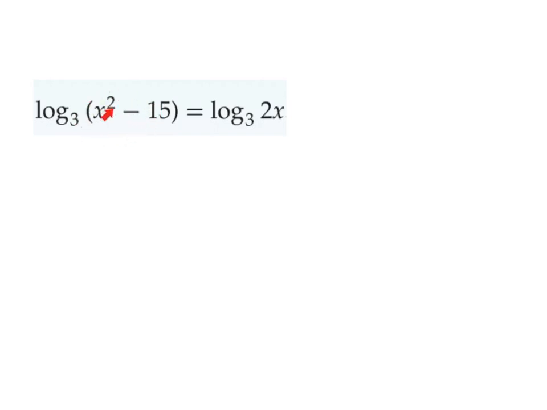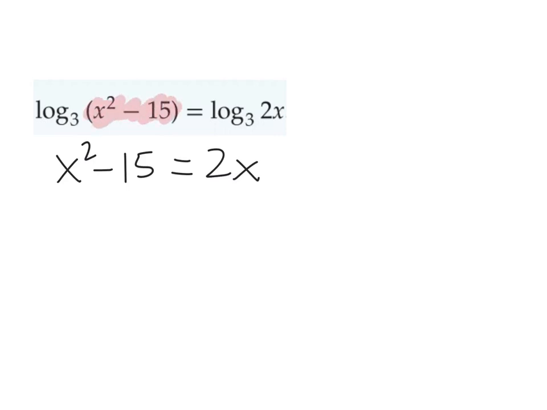It would be like the 2x being one thing, x squared minus 15, one thing. So the log base is the same on both sides, and then it's just going to be a matter of setting those two things equal to each other. Because in order for the logarithms of both of those to be equal to each other, what I've highlighted in red also has to be equal to each other. So you end up with this.